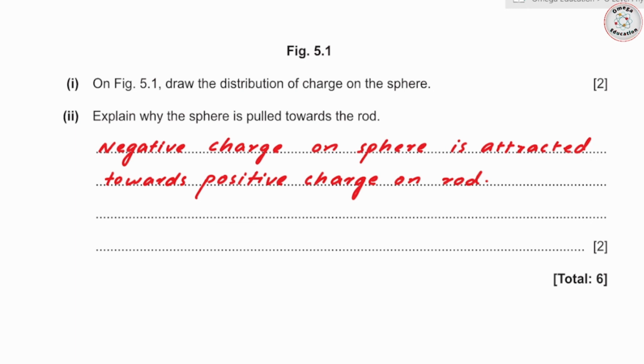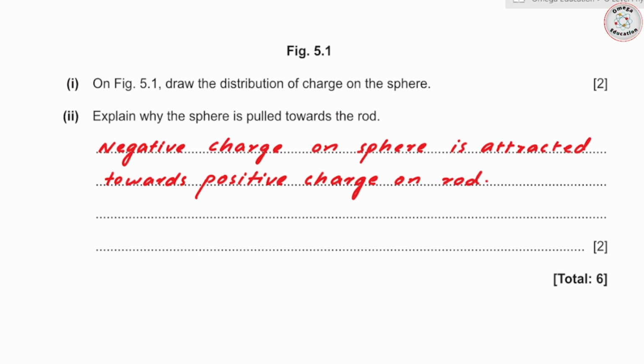To be very honest, this question can be answered in a lot of different ways, but you have to answer it in a way that is accepted by Cambridge. It falls on the criteria, it contains those specific key terms.